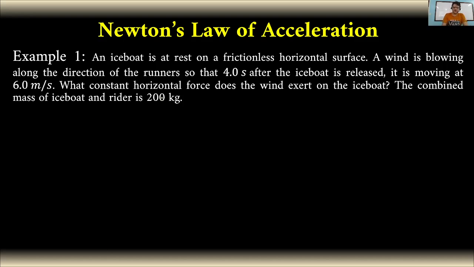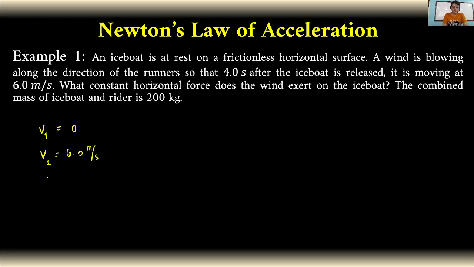From this problem, we can see that initially the ice boat is at rest. So we can say that the initial velocity is equal to 0. And then when the wind blows this ice boat, it gains a speed of 6 meters per second. So we can say that this is V2, and this is equal to 6 meters per second.